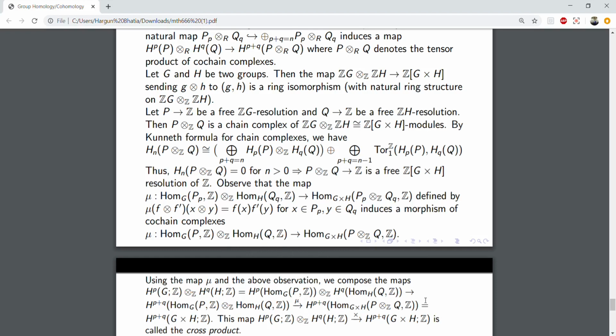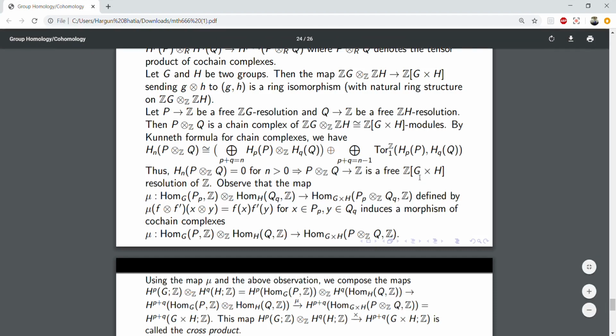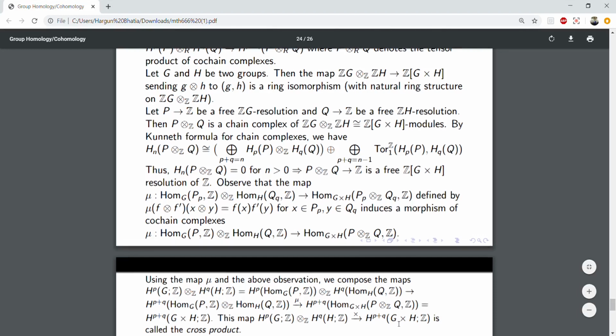But remember, the (p+q)th cohomology will give you the group cohomology of G cross H, because this, mind you, is a free Z[G×H] resolution. So that's why you can compute the cohomology using this. If you compose all these maps, you get a map from the pth cohomology of G tensor the qth cohomology of H to the (p+q)th cohomology of G cross H. And this map is what we call the cross product.